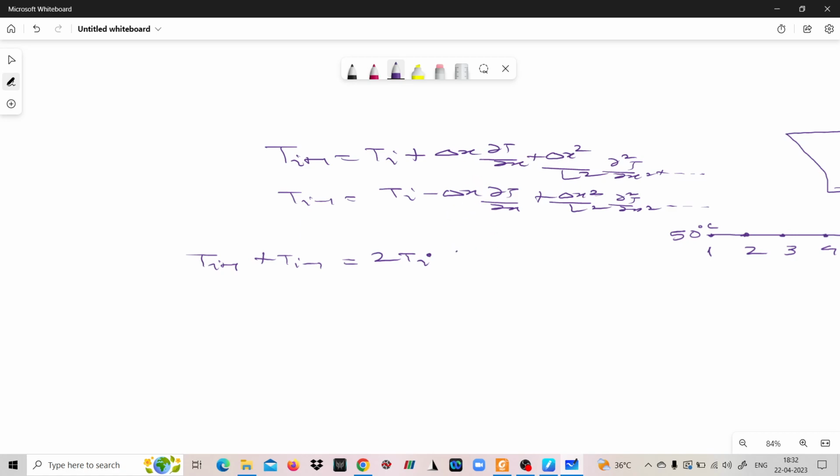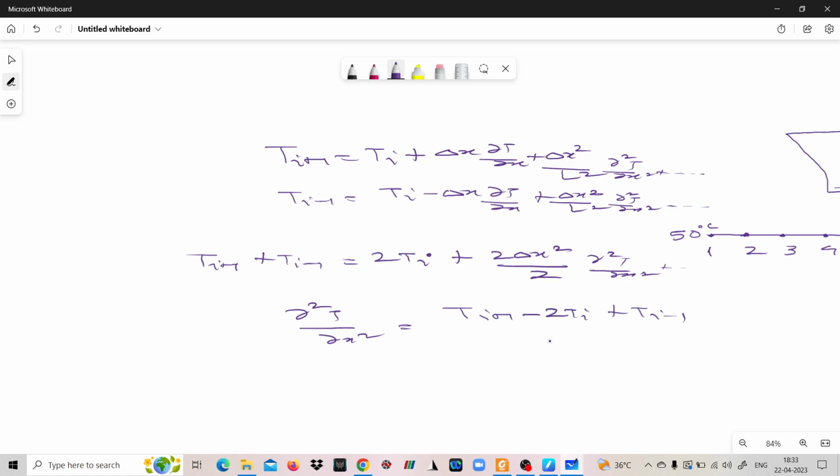This will cancel out, then twice Δx²/2! is Δx² only, times ∂²T/∂x², and so forth and so on. We can neglect those things. Okay, so from here ∂²T/∂x² is equal to (T_{i+1} − 2T_i + T_{i-1}) divided by Δx².